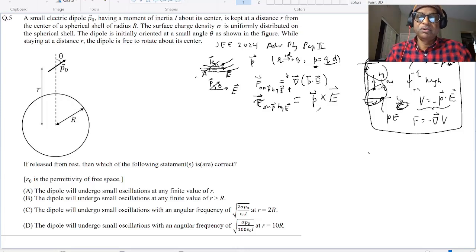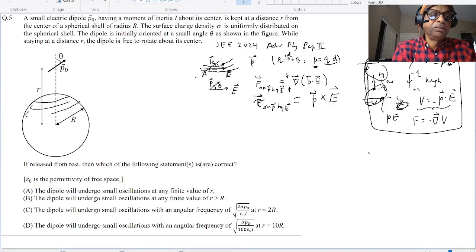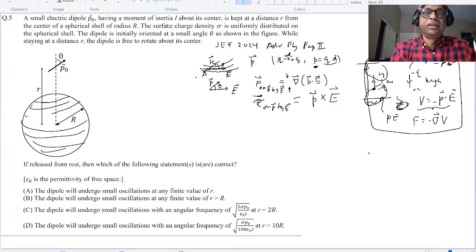So over here, this thing has a shell with a surface charge density sigma. So on this, some charges are placed.